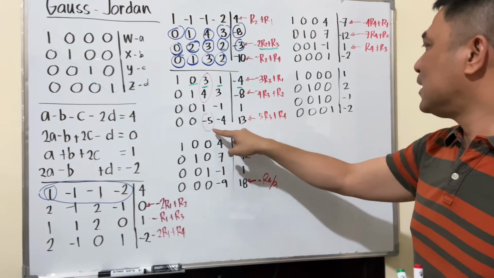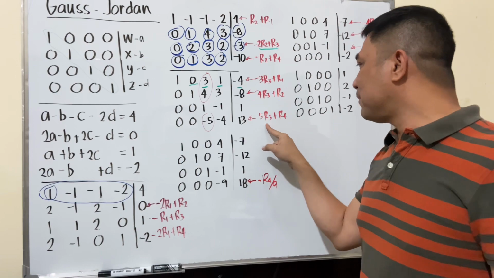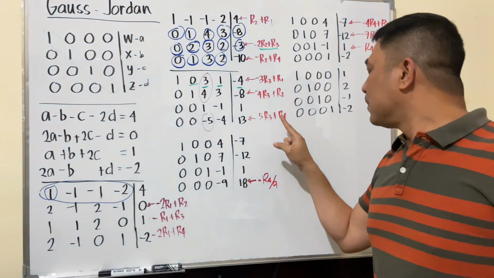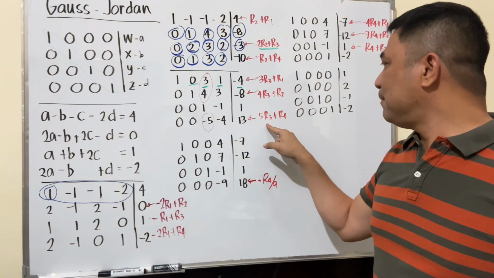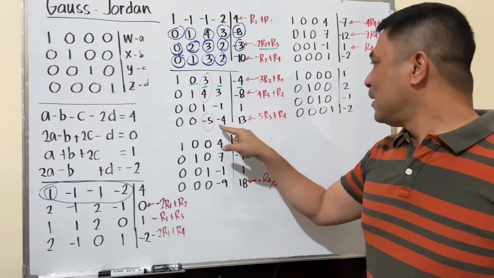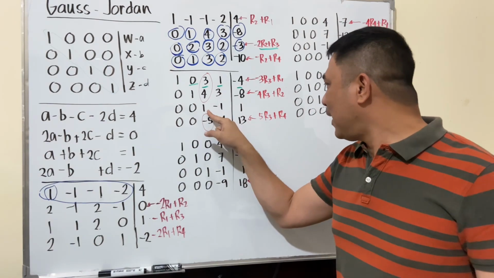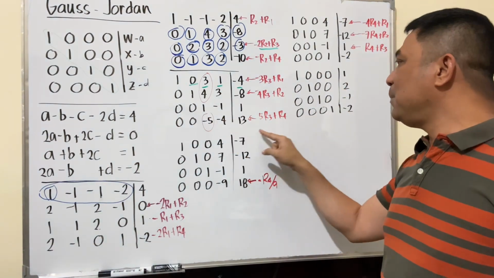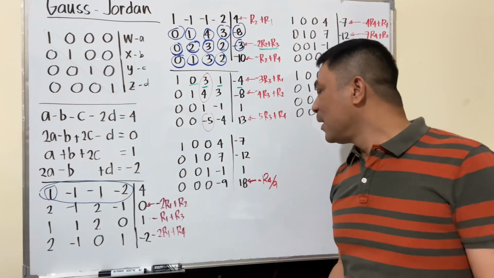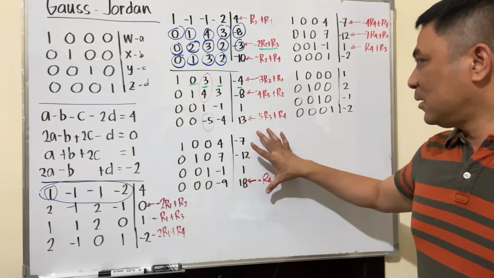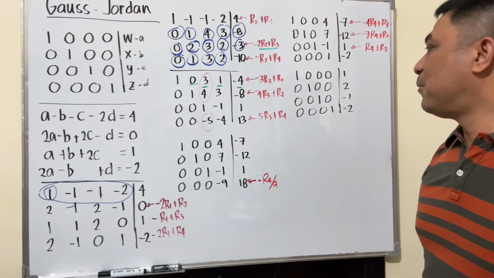And 5, since this is negative, the additive inverse is 5. So 5R3 plus R4 will make this one 0. So this is our result when you apply this formula here.